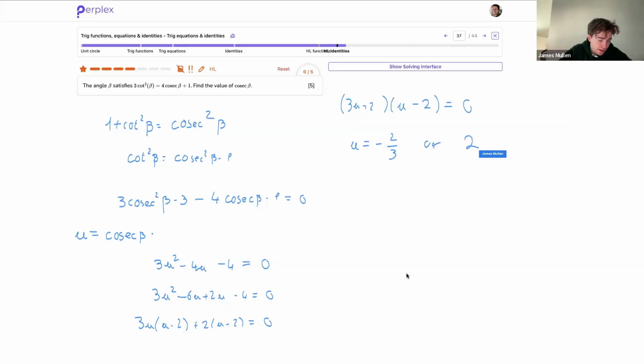But we have to be very, very careful here. We remember that cosecant of beta is 1 over sine of beta.